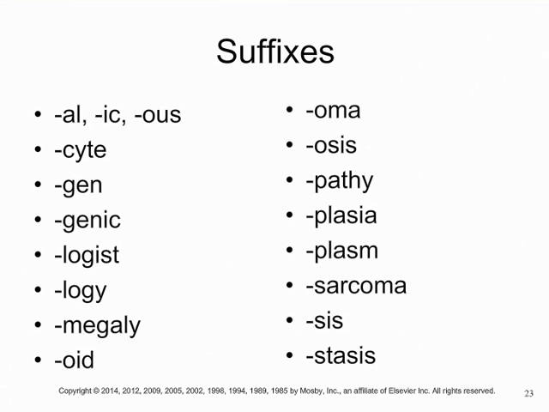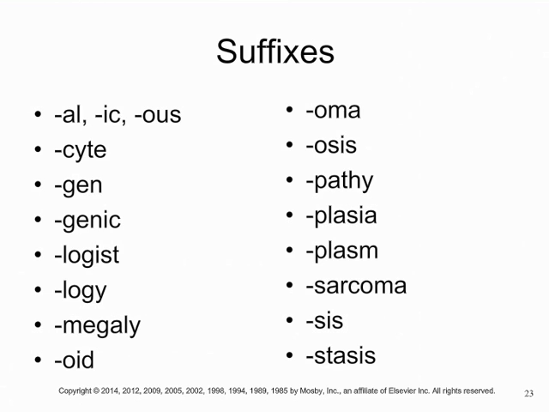Sarcoma. So we saw sarco earlier on in the word roots to mean connective tissue, and we even see oma up on the top of the list as a suffix. Here, sarcoma, when you put it together, it means a malignant tumor. So not all tumors are cancerous or malignant, so if it is, then we use sarcoma.